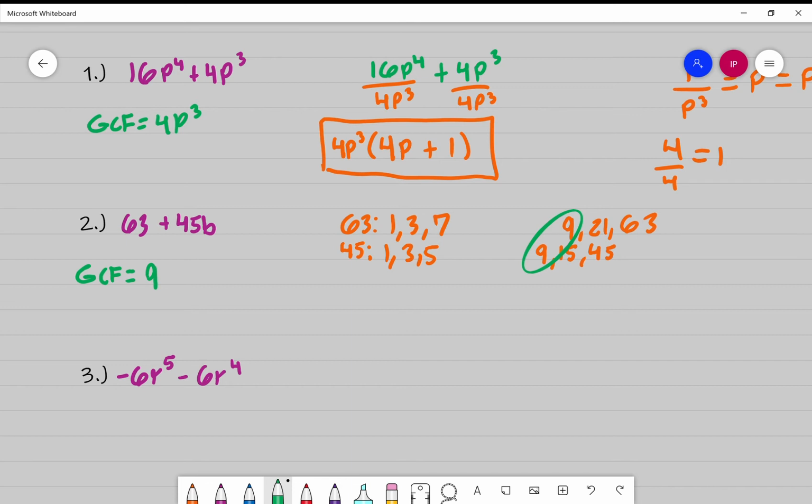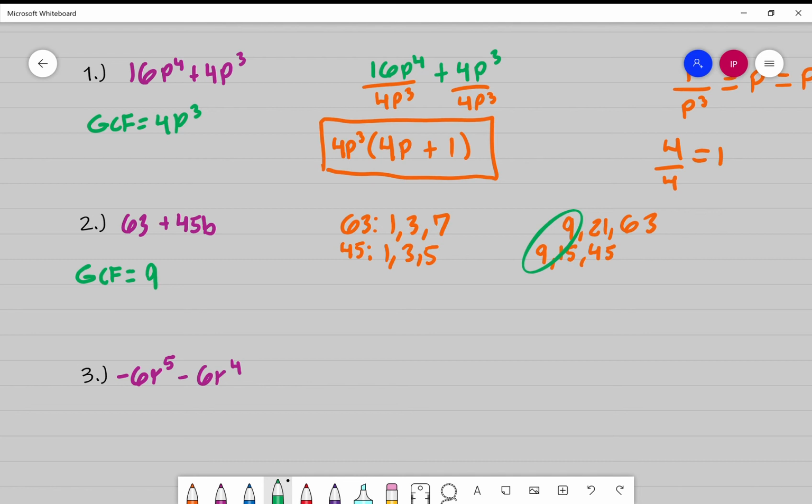In order for b to be included in our GCF, 63 would have to have a b in it. Therefore, b is not common, because b is not a part of 63 and it is a part of 45b.